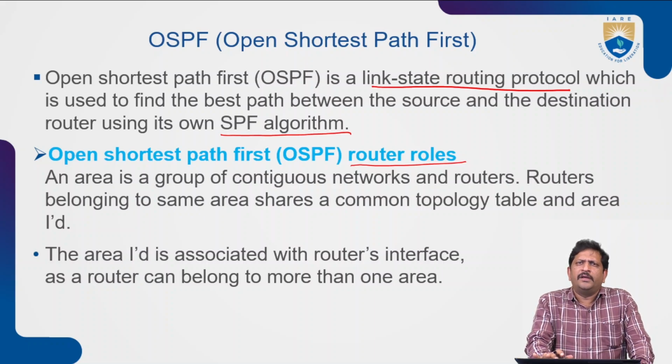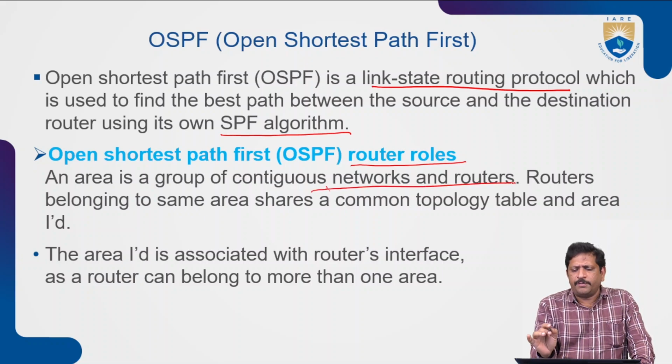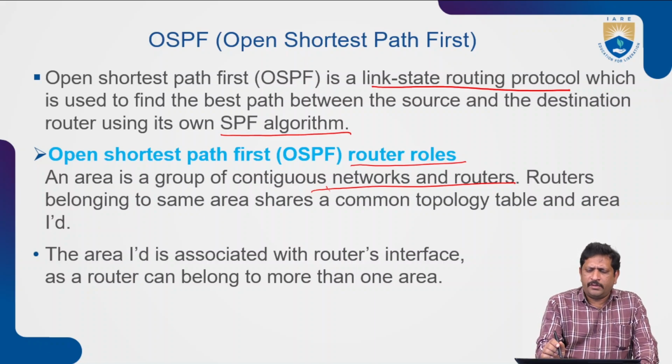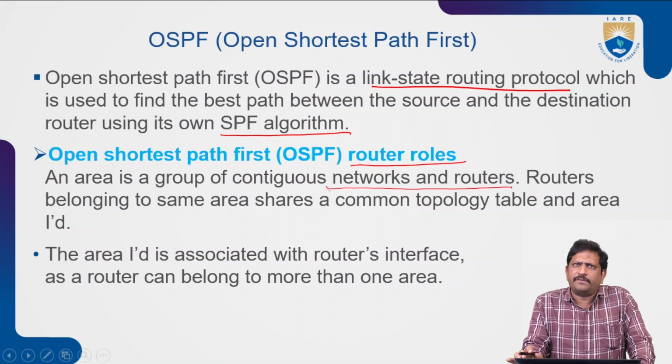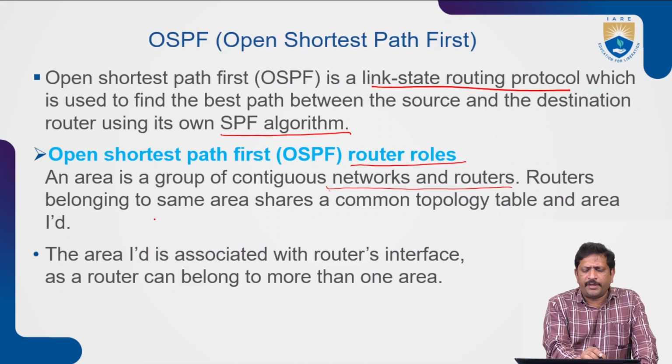An area is a group of contiguous networks or routers that can be connected. In OSPF, a number of routers or devices will be connected for providing the communication service. These routers may belong to the same area.